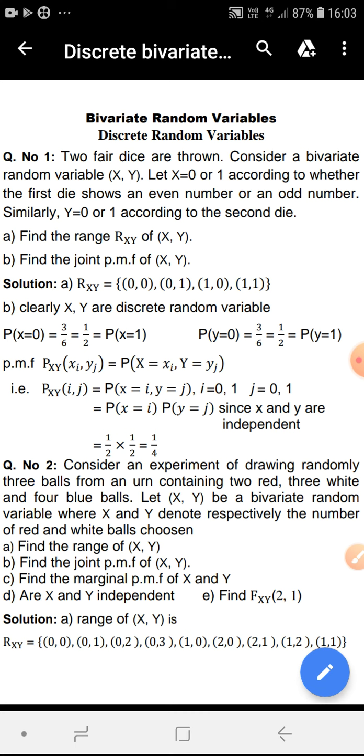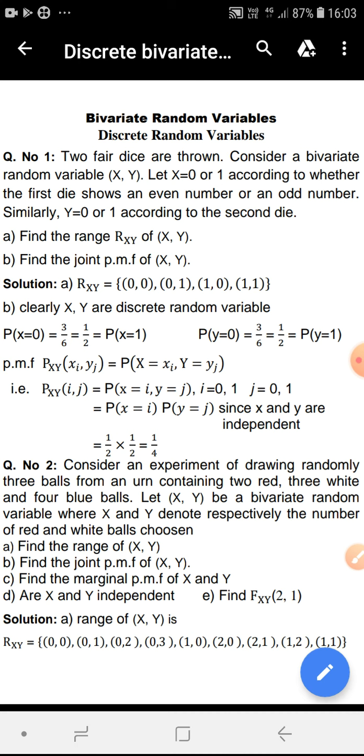If the first die shows an even number, X will be 0. If the second die shows an even number, Y will be 0. So the possible value will be (0, 0). If the first die shows an even number and the second die shows an odd number, then it will be (0, 1). If the first die shows an odd number and the second die shows an even number, then it will be (1, 0).